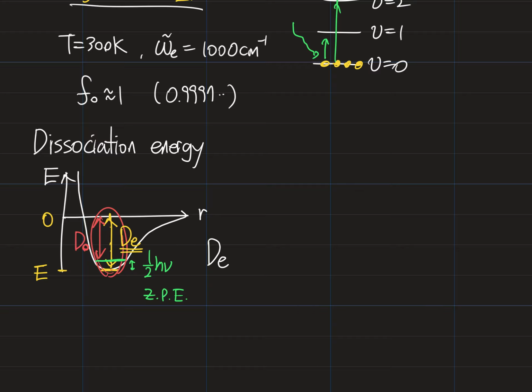But actually, due to the vibrational motion, we have to consider and add half of h nu, which is the zero point energy of that molecule. And this is the experimentally measured value. So their relation is D0 is De minus half h nu.